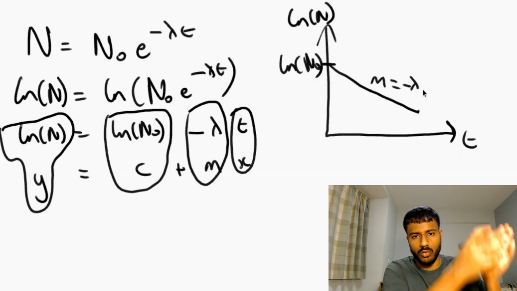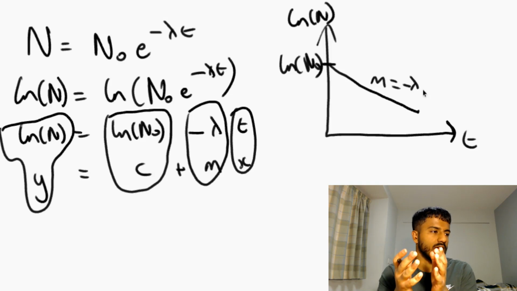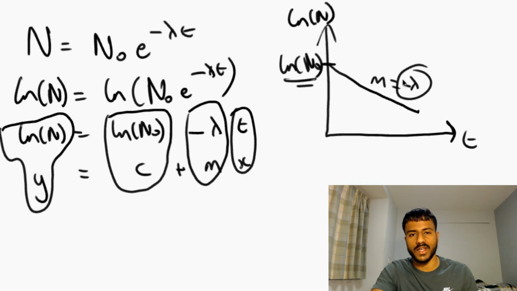You can see ln of N on the y-axis, time on the x-axis, with a y-intercept of ln of N naught, and the gradient of the graph here is minus lambda, which is your decay constant. So if in a certain scenario you wanted to analyze this graph or work out the decay constant, if you're given variables for N or N naught, you can plot a straight line graph and do a bit more analysis on that.